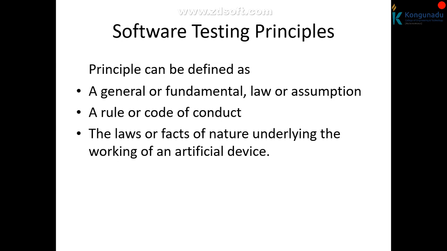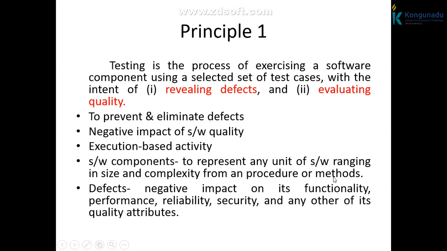Principles 1, 2, 8, and 11 are derived directly from Myers' original set, that is execution based testing. The remaining two, 9 and 10, are not execution based testing principles. Next, what are the 11 principles.